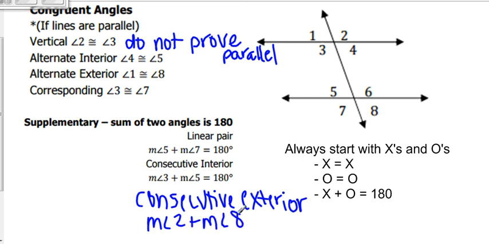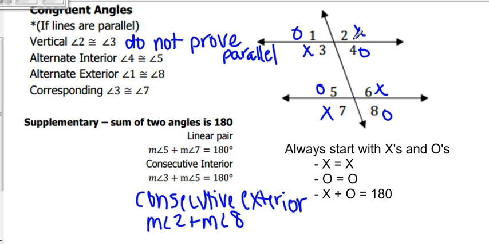Now, if we can't remember our vocabulary, which sometimes we can't, the best thing to do on the picture is to add your X's and O's. Remember, it goes O, X, O, X, O, X, O, X. All of our X's are equal to X's, and those are all angles that should be congruent.